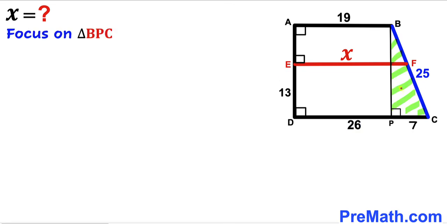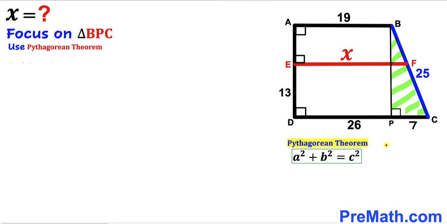Now let's focus on this right triangle BPC. We are going to apply the Pythagorean theorem on this triangle to calculate this side BP. Here's our Pythagorean theorem: a square plus b square equals c square. In our case, our hypotenuse is 25, whereas our two other legs are 7 and this unknown leg BP.